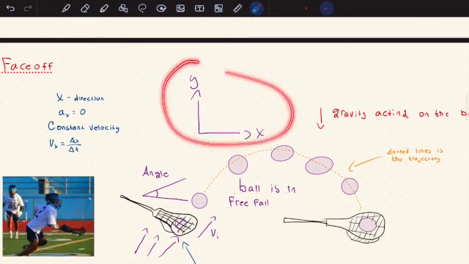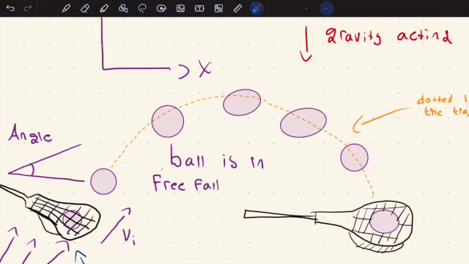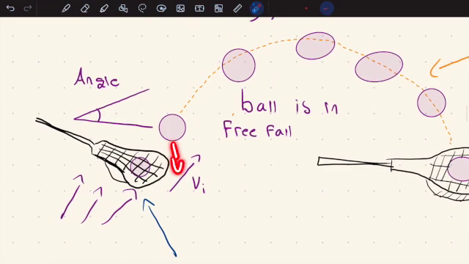The coordinate system is important. Here is gravity acting on the ball, and that's what makes it go downwards.